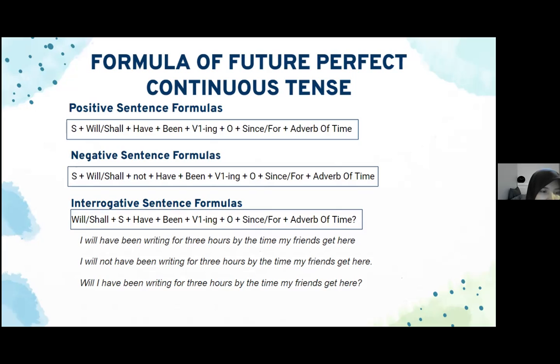This is example for positive sentence formulas. And negative sentence formulas, I will not have been writing for 3 hours by the time my friend get here. The example of interrogative sentence formulas is, will I have been writing for 3 hours by the time my friend get here. Next.